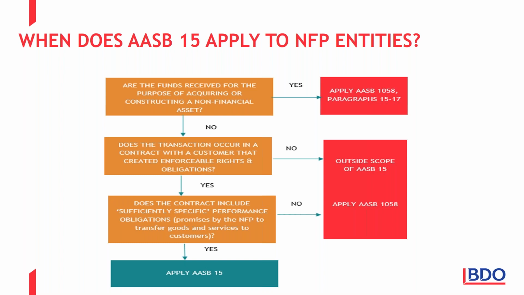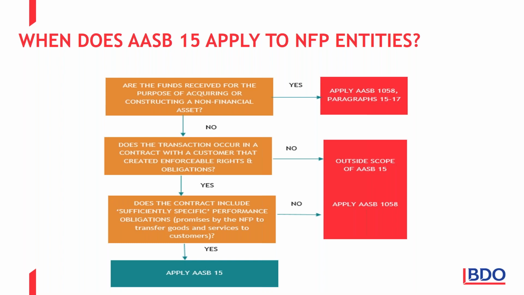No, it's to provide food to the homeless. Second question, does the transaction occur in a contract with a customer that created enforceable rights and obligations? Yes, because if I don't spend it to provide the food to the homeless, I have to repay it. But then the third block in yellow, does the contract include sufficiently specific performance obligations?